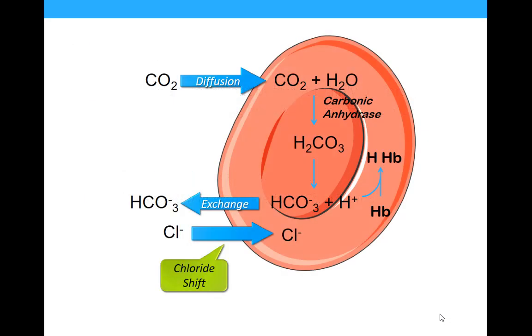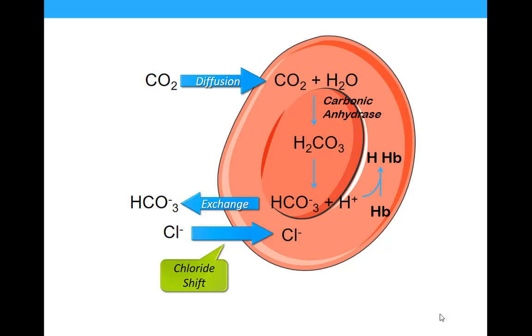Let me show you here in this picture. Now this is red blood cell. Okay, the carbon dioxide diffuses into the red blood cells. This enzyme is present in the RBCs, carbonic anhydrase. It will form carbonic acid from CO2 and water. This carbonic acid will then immediately dissociate into bicarbonate and H plus. This H plus will bind to hemoglobin.